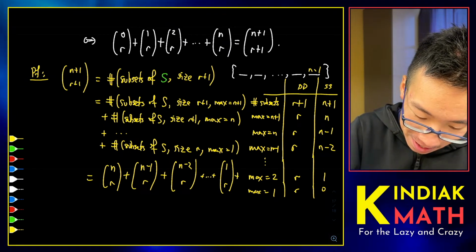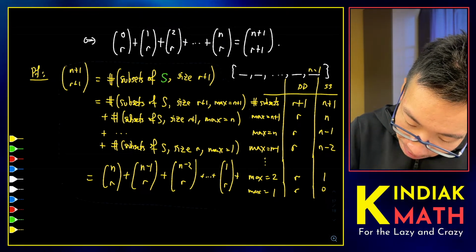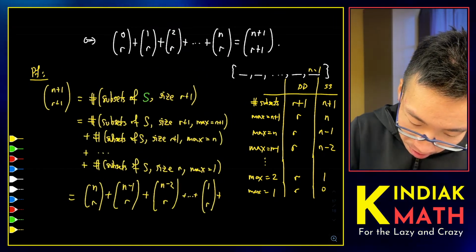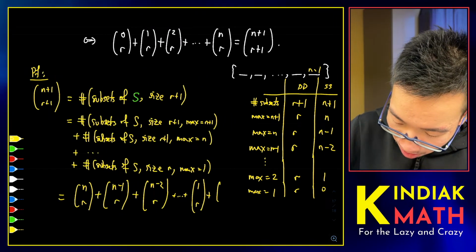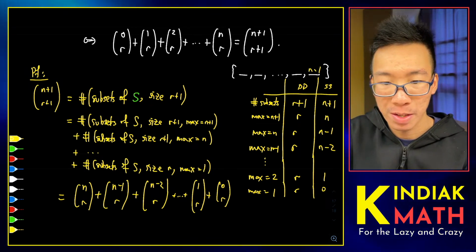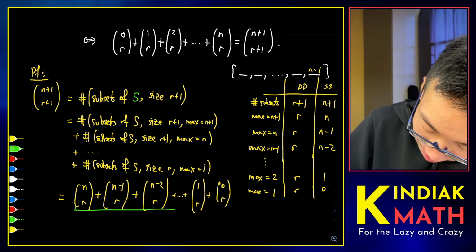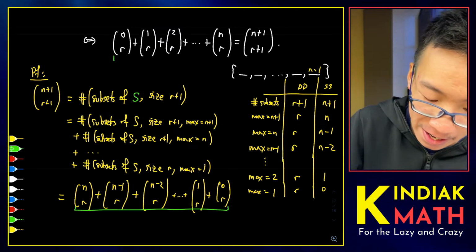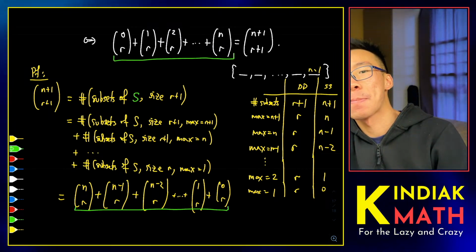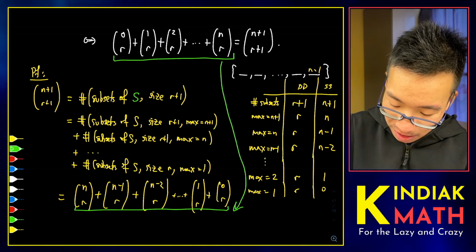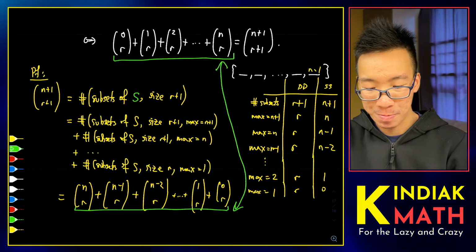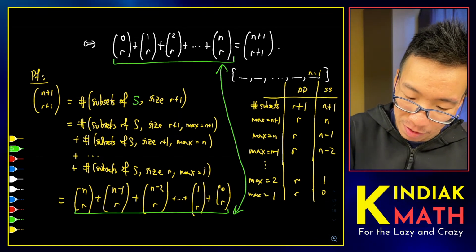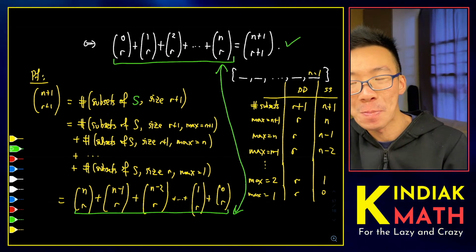Let's add some more space. Zero choose r. But this is precisely the same expression as this. These two are actually the same expression. So we have proven this result.